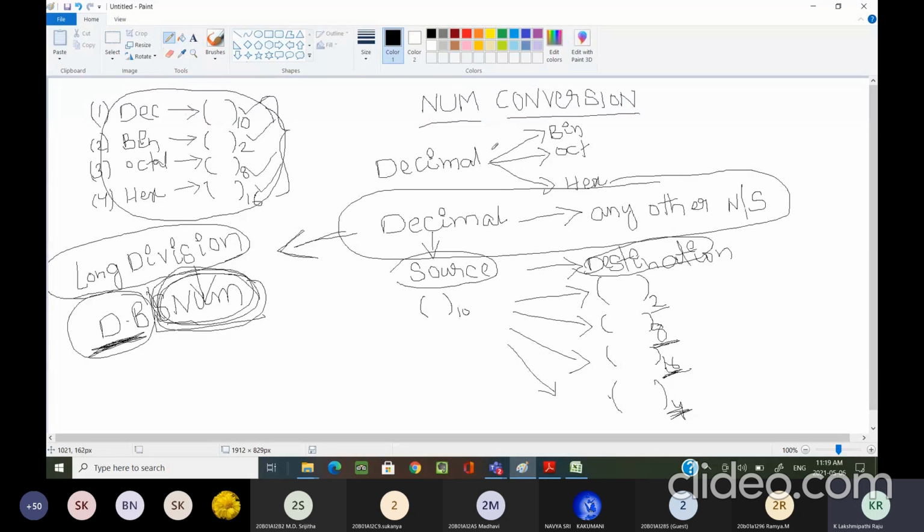The vice versa is also possible, but we are not using this procedure for it. Only from decimal to other number systems, we use this procedure. The reverse is different, and we are going to see that later.